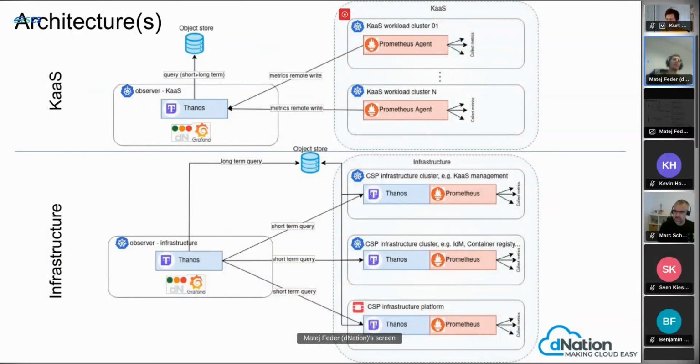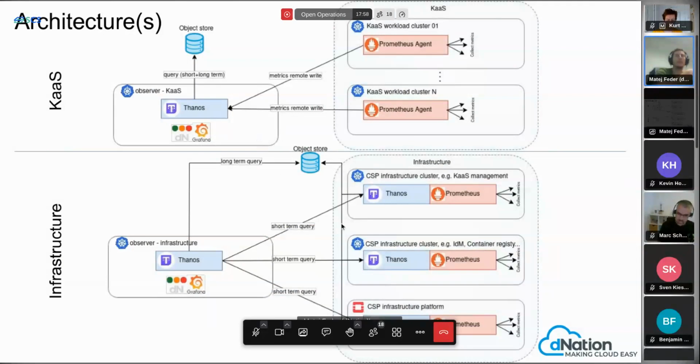And to ensure we have a complete understanding, let's briefly discuss the architecture. In this slide, you can see two proposed architecture diagrams that we discussed in the SCS SIG monitoring meetings.